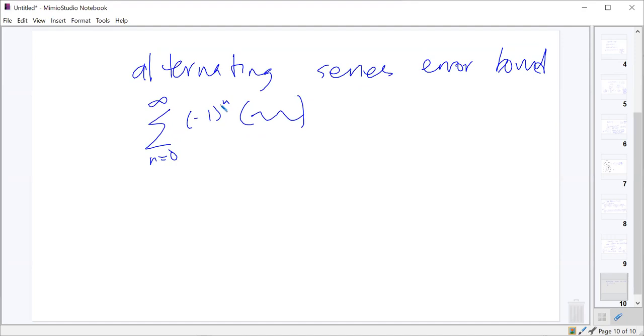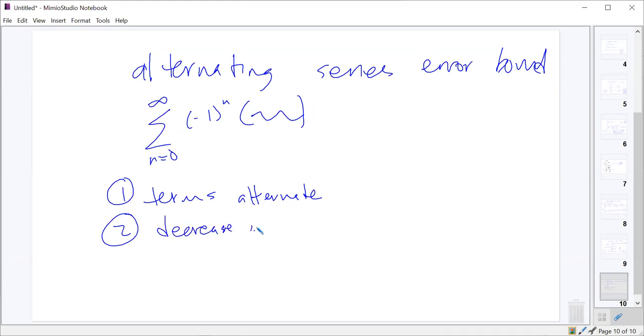We said that the alternating series error bound can only take place if three criteria are met. One, terms alternate. Two, the terms decrease in absolute value. And three, the terms approach 0.